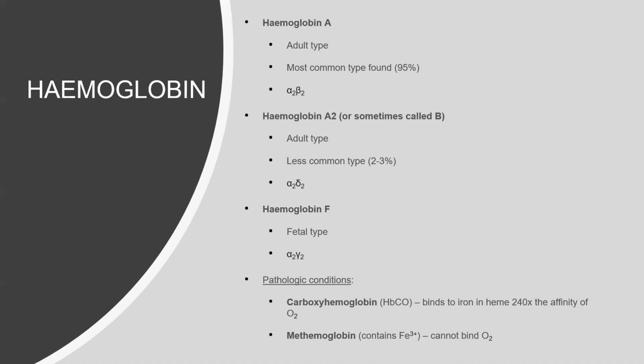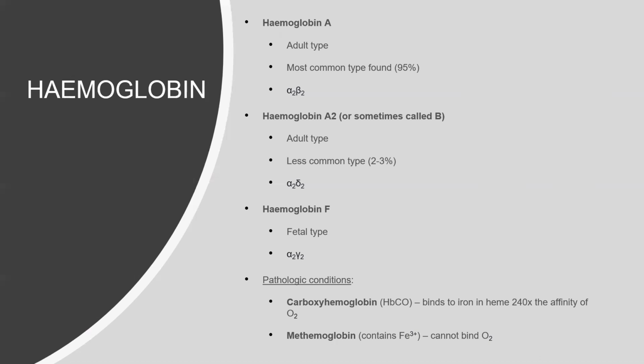The last 2 types I'd like to talk about are seen in pathological conditions. First is seen in carbon monoxide poisoning. Well, carbon monoxide is a gas and it binds to iron in heme with 240 times the affinity of oxygen.